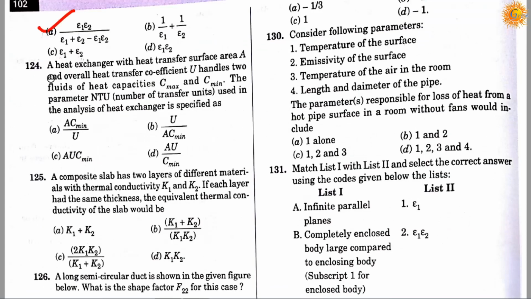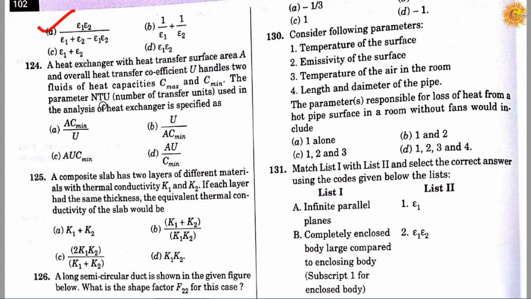Question number 124. A heat exchanger with a heat transfer surface area A and overall heat transfer coefficient U handles two fluids of heat capacities C maximum and C minimum.